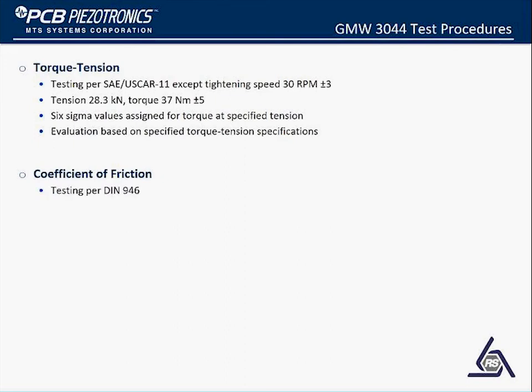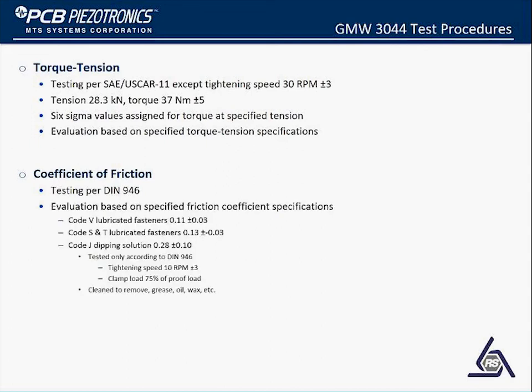Now for coefficient of friction, it identifies testing per DIN 946. The evaluation is based on specified friction coefficient specifications, and it identifies different codes for different types of lubrications. And based on those lubricants, the specifications for meeting the requirements of friction coefficients will vary.